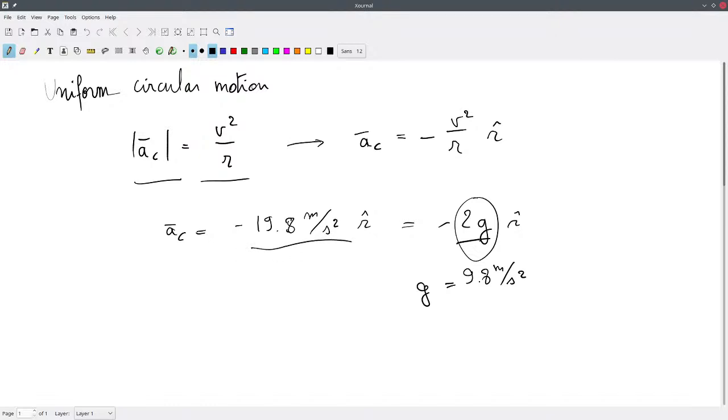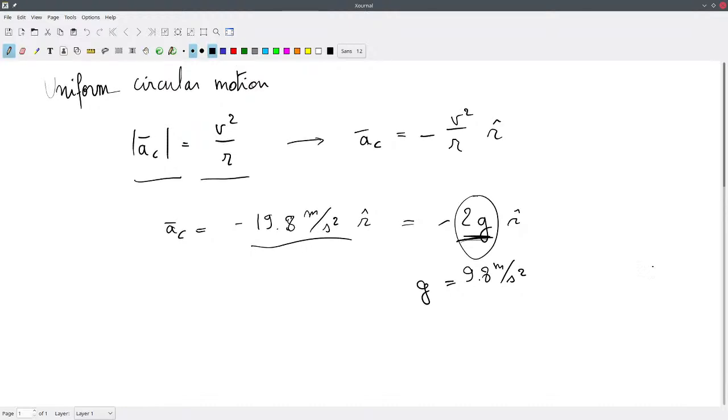So think about this g as the kind of acceleration that you experience when you're just standing somewhere. We'll come back to that when we talk about forces specifically. But g is essentially the force of gravity that is working on you, and so an acceleration of 2g would be twice that size.